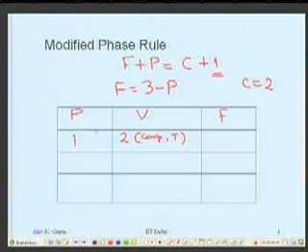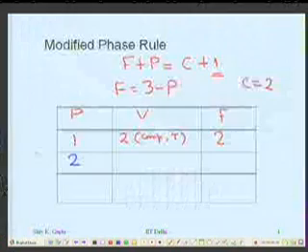And the 2 variables I am left with are composition and temperature. So how many degrees of freedom do I have? 2. 3 minus 1 is 2. You can change both composition as well as temperature within the boundaries of the system or the boundaries of the phase diagram. The alpha phase, or the single phase, whatever is there, shall remain in equilibrium.